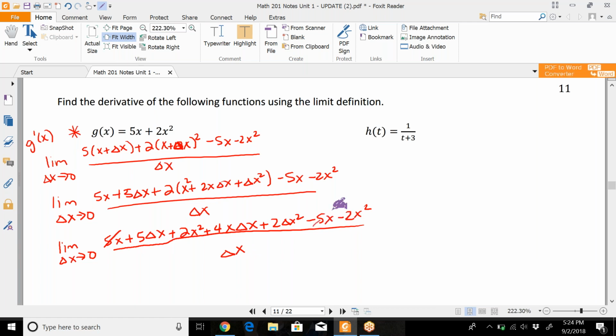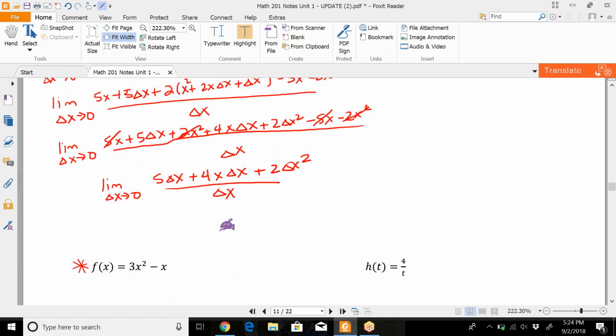We have a 5x and a negative 5x. We have a negative 2x squared and a positive 2x squared. This one was a little bit out of order, so I kind of marked those this time. So I'm left with a 5 delta x plus a 4x delta x plus a 2 delta x squared on top, all over delta x. We reduce down all of our delta x symbols.